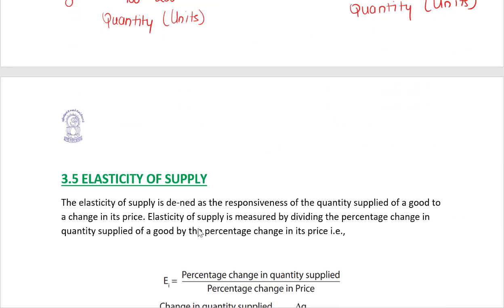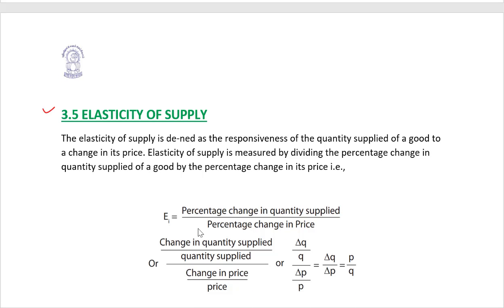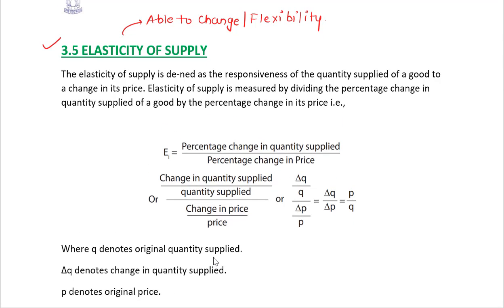The next topic is elasticity of supply. Elasticity means able to change, that is flexibility. Whether the supply is elastic or not, flexible or not, able to change or not. The elasticity of supply is defined as the responsiveness of quantity supplied of a good to change in its price.